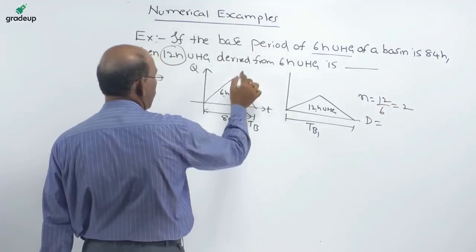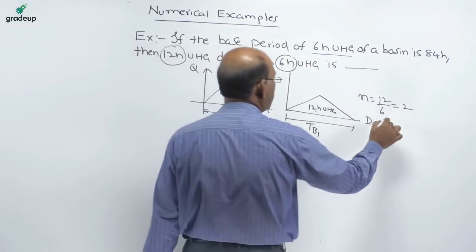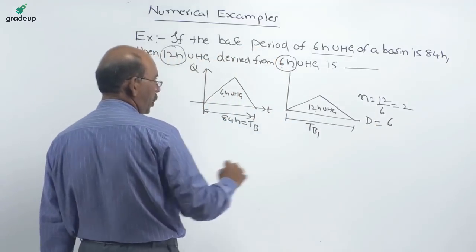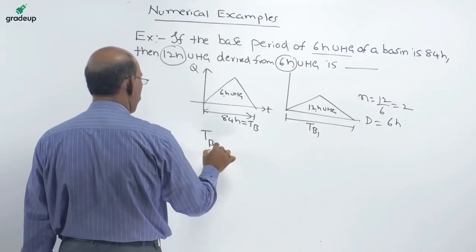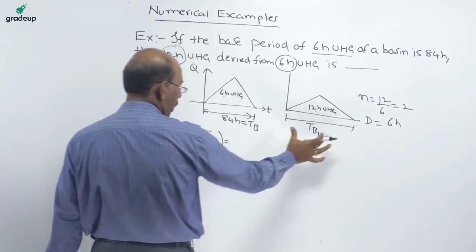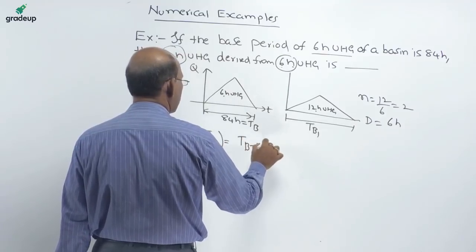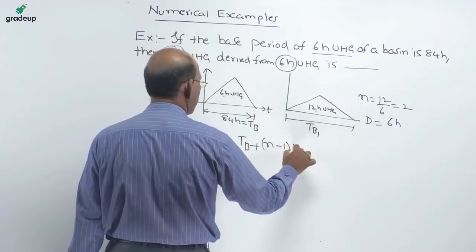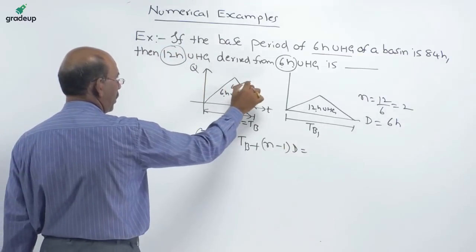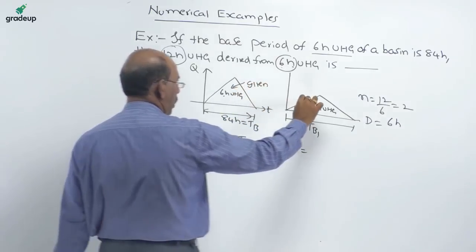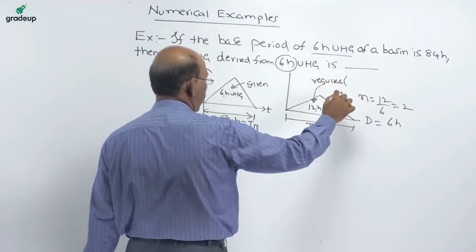D is to be calculated from the given 6-hour unit hydrograph. D is equal to 6, the duration of 6 hours, and the formula is TB1, the base period of the 12-hour unit hydrograph, is equal to TB plus (n minus 1) into D. This is the given hydrograph, and this is the required or developed hydrograph.